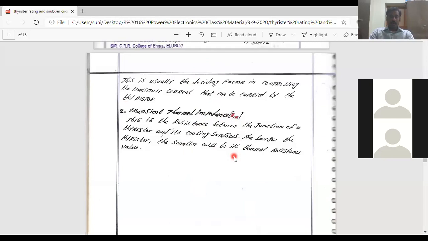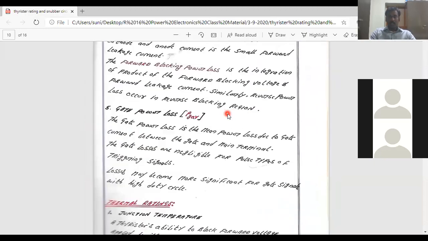So there should be a good fabrication of both this semiconductor surface and the heat sink. If the thermal impedance between these two is high, then the temperature dissipation is going to be low. If the thermal impedance between these two is low, then the cooling effect is going to be high. That means the temperature dissipation is going to be high.